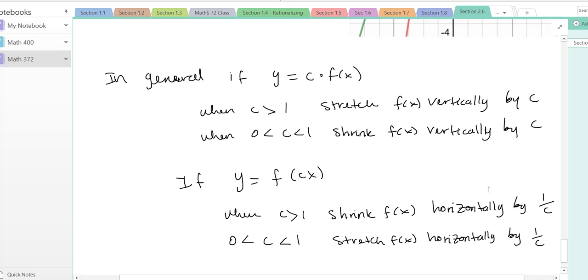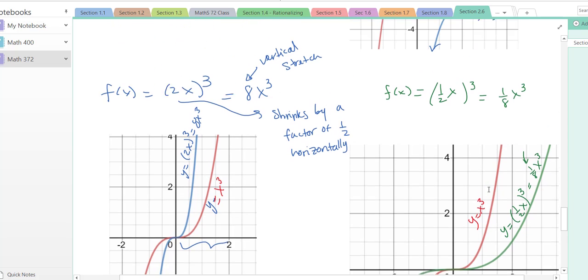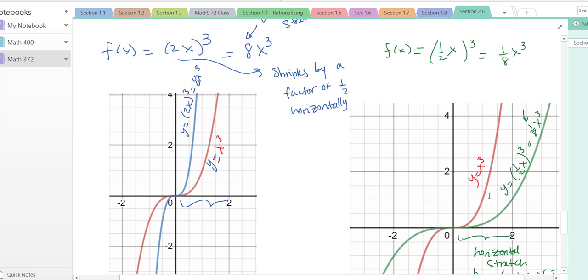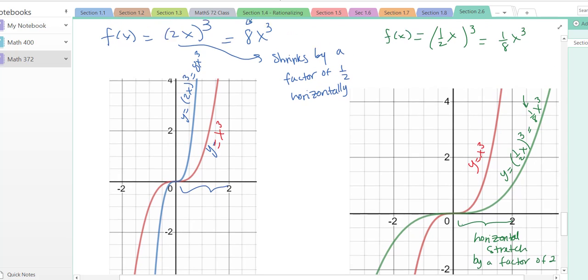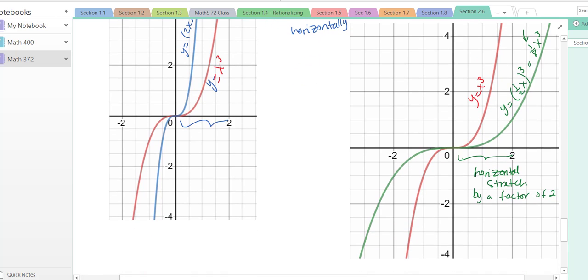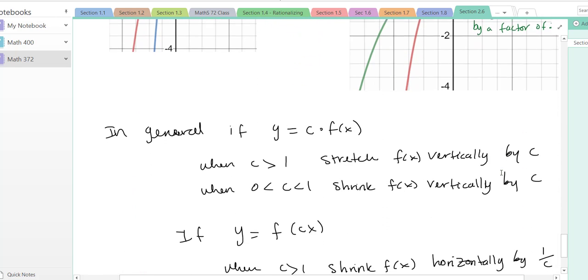Notice that that's exactly what happened here, right? We had f of x equals 1/2 x. So we stretched this by a factor of 2, and 2 is the reciprocal of 1/2. 1 over 1/2 is 2.